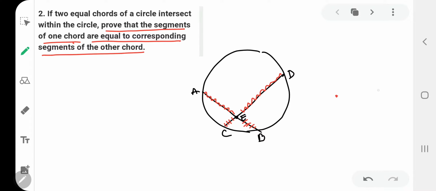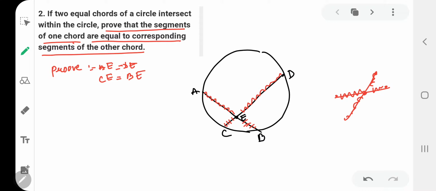If these are two chords, then the parts between are called segments. Are you getting my point? So I'll write it here: you have to prove that AE is equal to DE and CE is equal to BE.